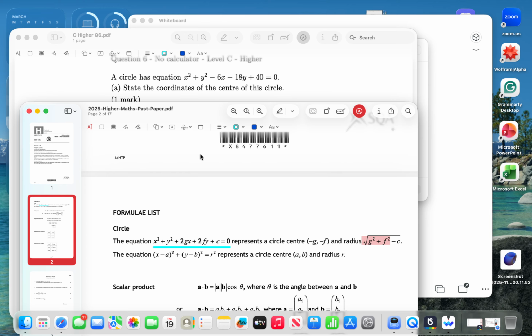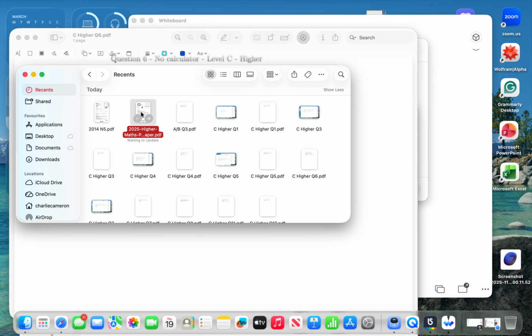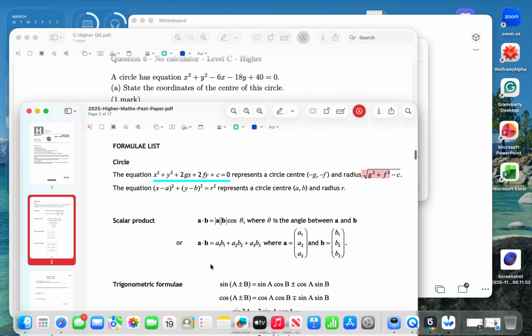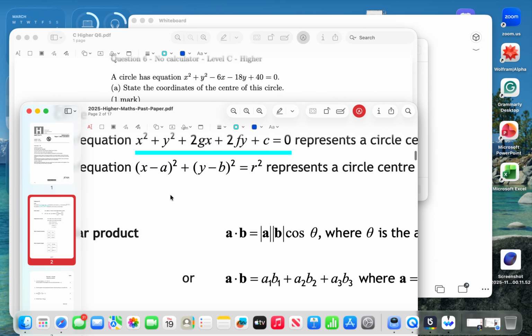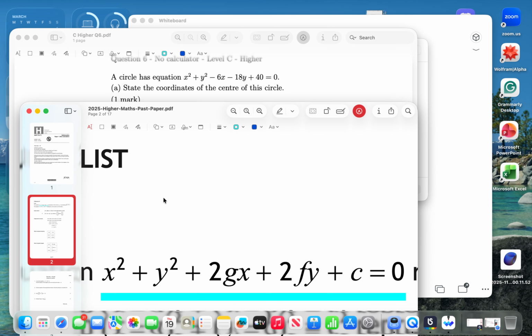So you'll notice that you've got 2gx and minus 6x. The equation in the question lines up with this. You've got the x squared, you've got the y squared, you've got one term in x in both of them.